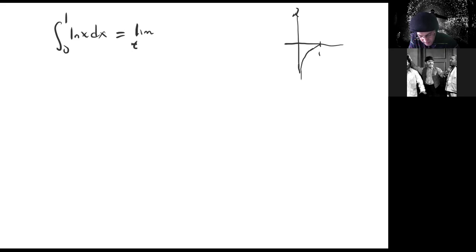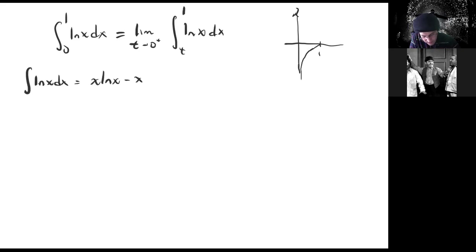It's the limit as t goes to 0 from the right of the integral from t to 1 of ln of x dx. Now, we recall the integral of ln of x dx is x ln of x minus x plus c. This is by integration by parts.